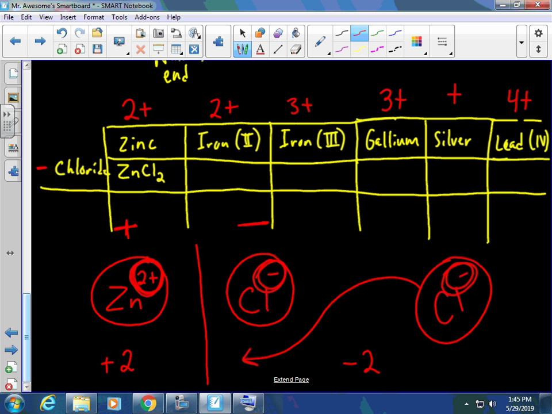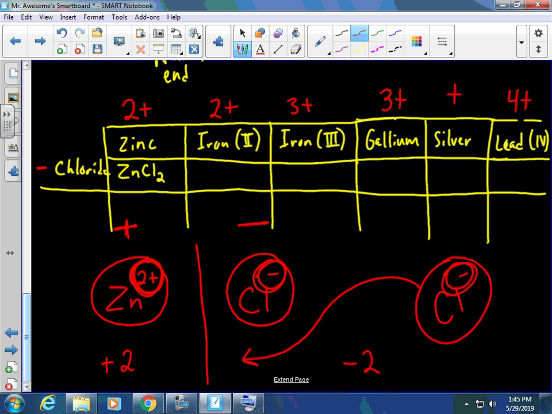So that means when I write the formula, I'm going to say there's 1 zinc, so zinc with no subscript, and there are 2 chlorides, which means Cl with a subscript of 2. All right? But that's the key in understanding, trying to figure out their formulas: try to make the overall charge always balance out to 0.